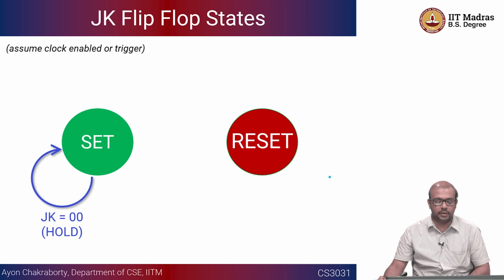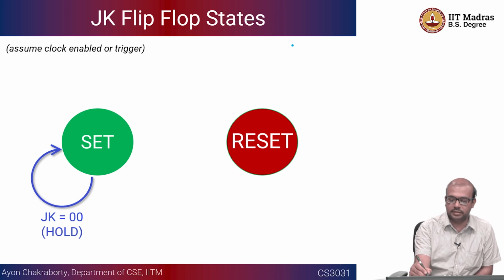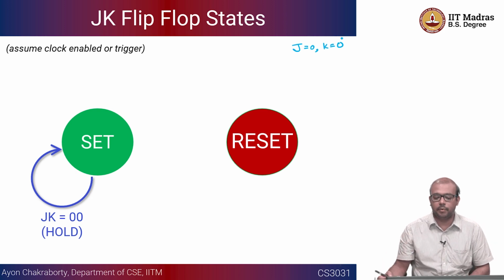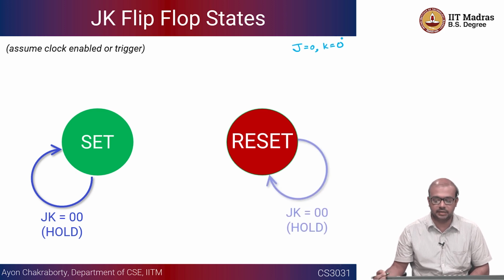And if we want to hold the memory, if it is in a set state or reset state, doesn't matter, as long as j equal to 0 and k equal to 0, as we have studied earlier, this is always going to hold whatever is there in the memory. So if it is in a set state, it is going to remain in the set state. If it is in the reset state, it is going to remain in the reset state. So that is basically going to be the output for jk equal to 0 and 0.